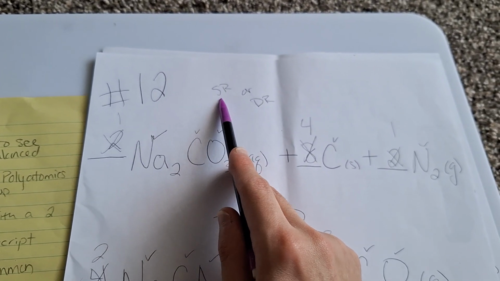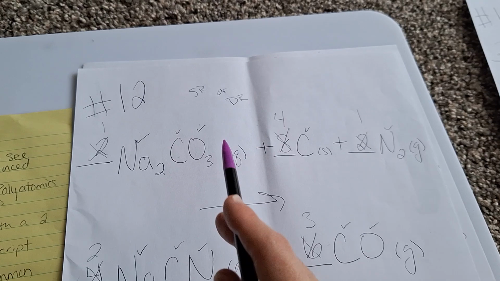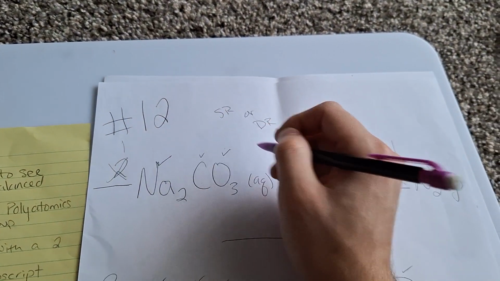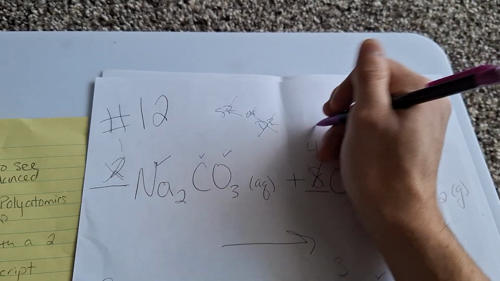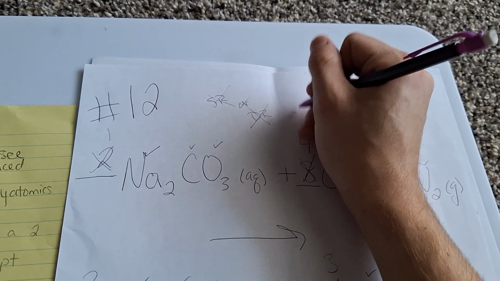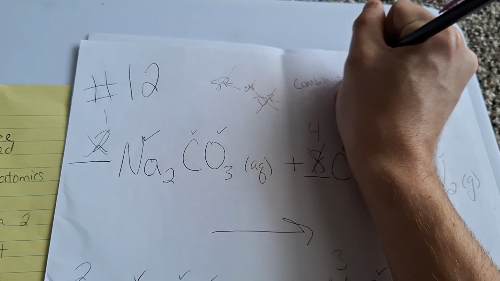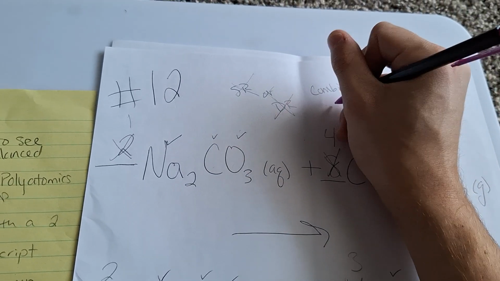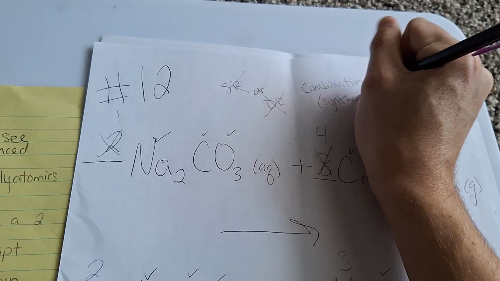I originally thought single replacement and double replacement, debating with all this. However, after some consideration and some research, it is actually neither one of these. It is a combination reaction, or what we refer to as synthesis.